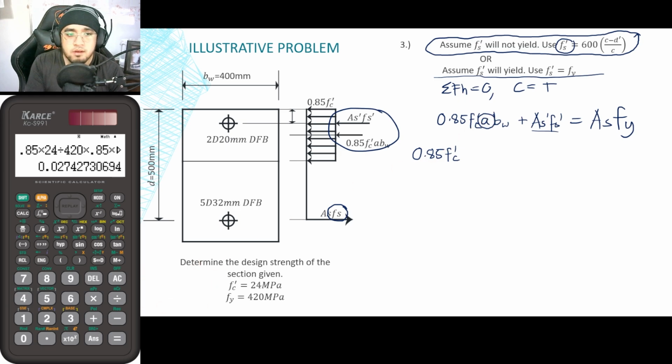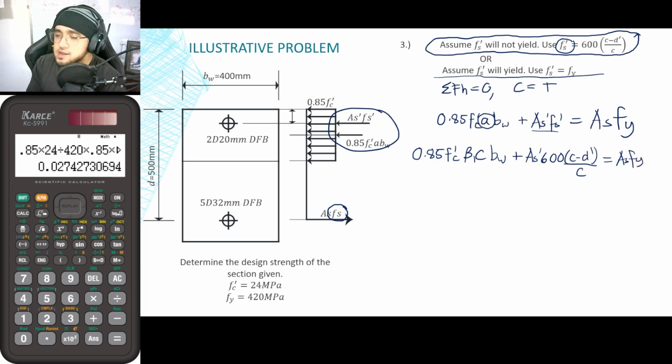So this is now equal to beta 1 c times b sub w plus As prime times Fs prime. For our Fs prime, that is basically 600 times (c minus d prime) all over c. So this is now equal to As Fy. As you can see here, we now have only one unknown, which is the value of c.